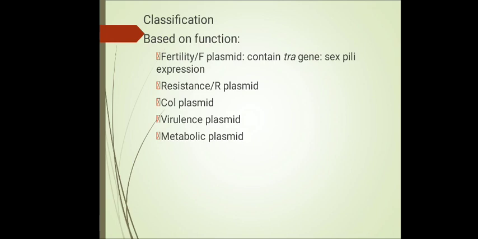The second type of plasmid is the R plasmid or resistance plasmid. As we have seen in the functions of plasmid, it provides antibiotic resistance.